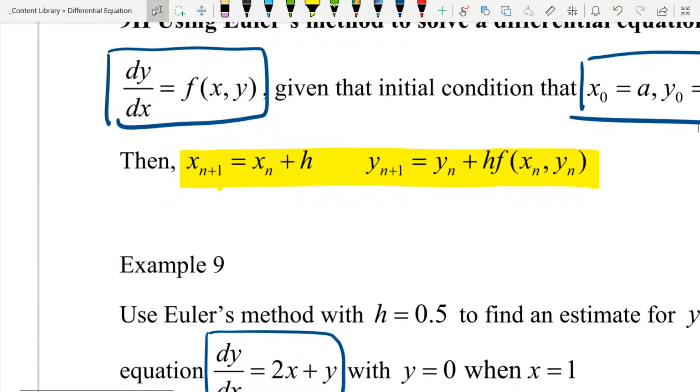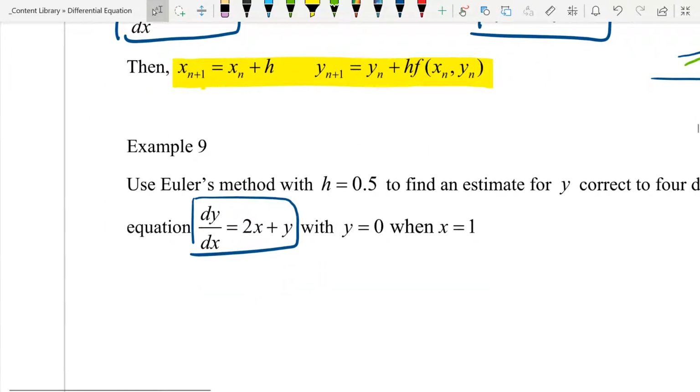And the new y equals the previous y plus h times the derivative of the previous point. You might get it equal to f of that, so it can be in terms of both x and y, or only x, or only y. It depends. It's the derivative of the previous point, not the current point. So that's the formula.